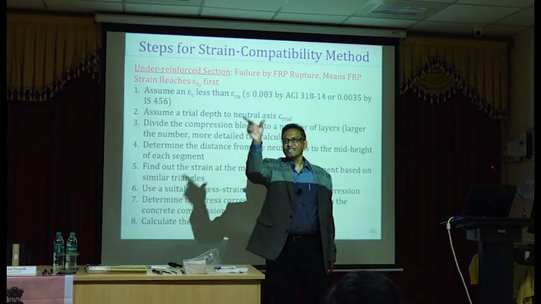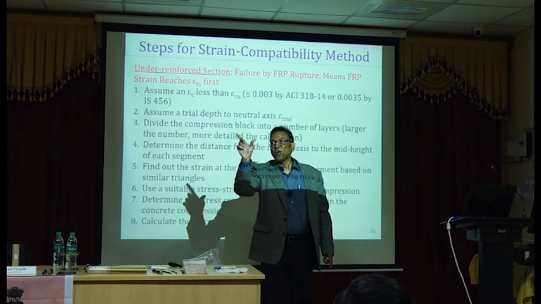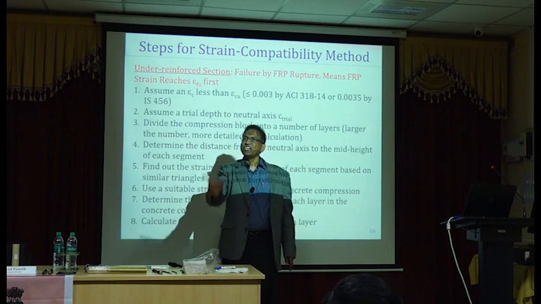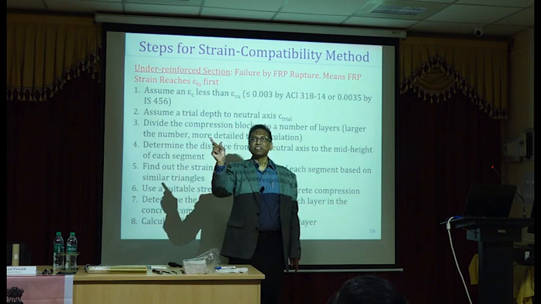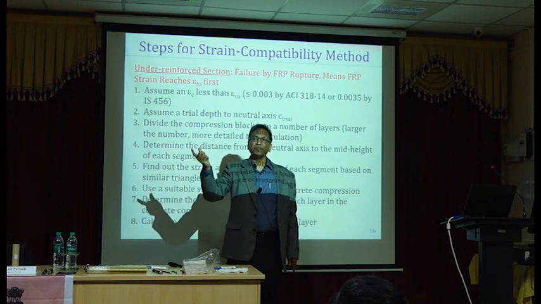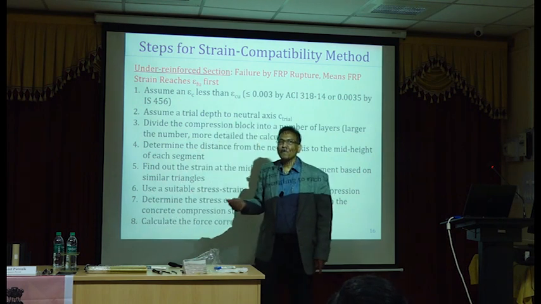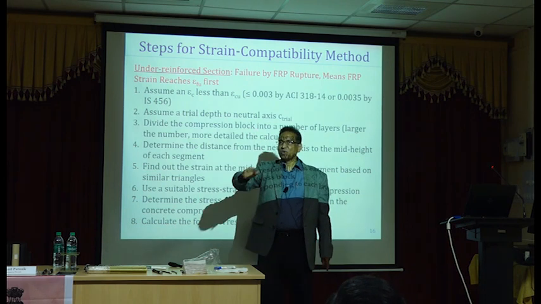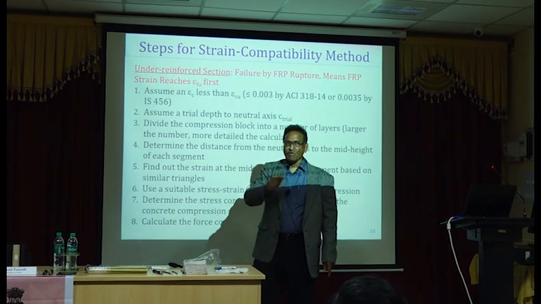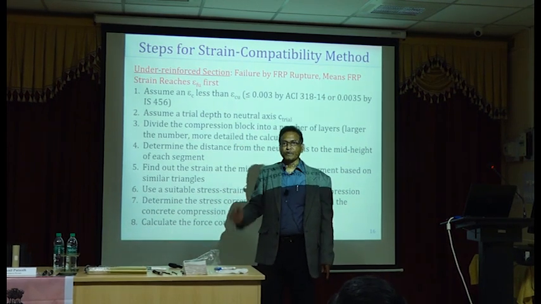That's 0.003 or 0.0035. However, for the under-reinforced condition, that strain is not known. It may be less than 0.0035 or 0.003, depending on what code you are using. Therefore, you start with some strain, let's say 0.002, and then you repeat the process, establish the equilibrium condition, and get your moment. Okay?